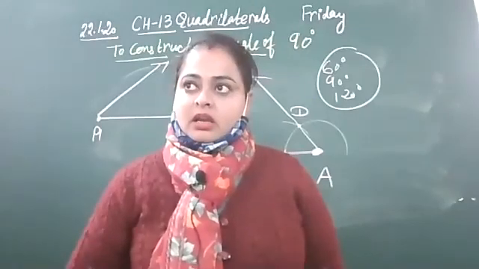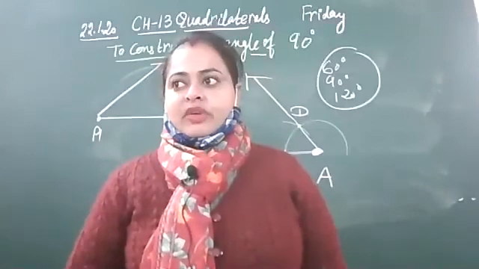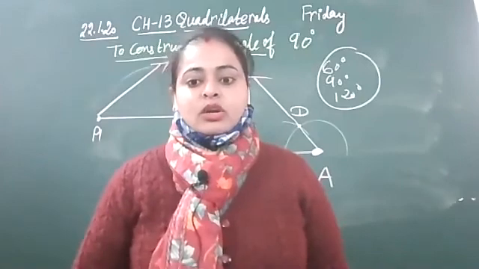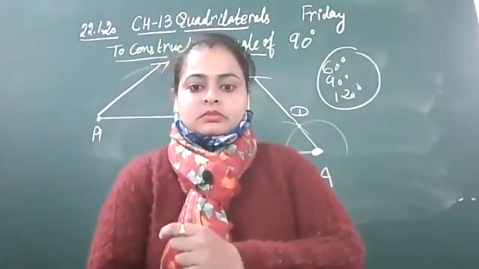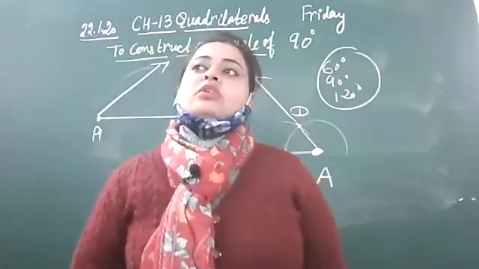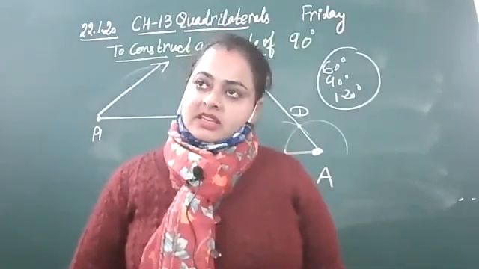To draw a ray. Okay. With the given size or with any size according to your wish? Ma'am, with any size. Very good. Now tell me, what is the next step? Ma'am, open your compass. With any size or with a size according to your wish? Ma'am, any size.